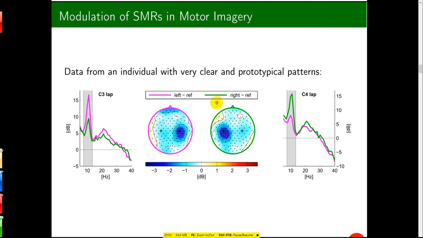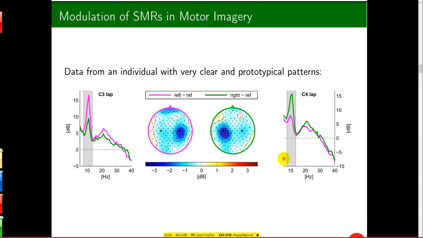And when you think about right hand movement, there is very nice, clear suppression, or some patterns that can be localized on the other side, like C3. Okay, so if you just plot it differently, we can see here and here, right?